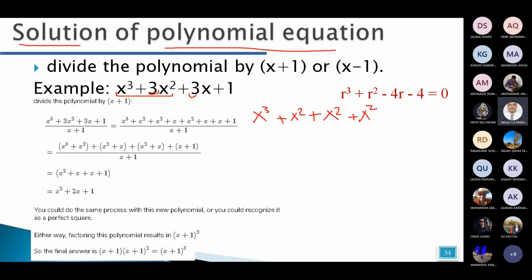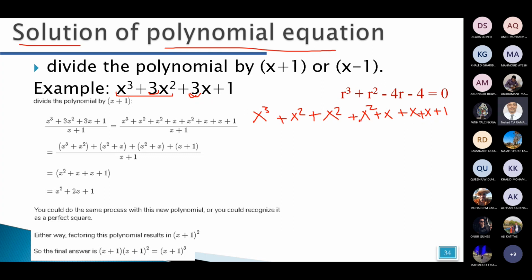So instead of 3x power 2, I take each one separately. And this one, I will take separately also: plus x plus x plus x, because we have 3x, yes? Plus, what remains here? Plus 1.